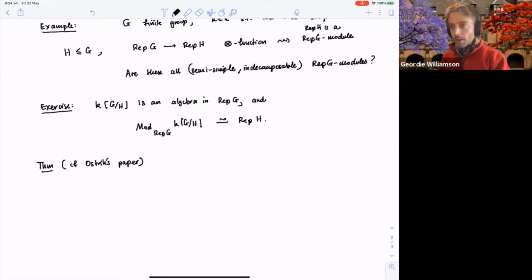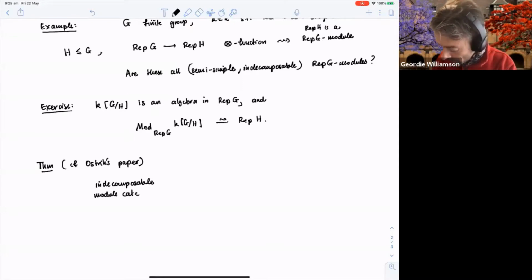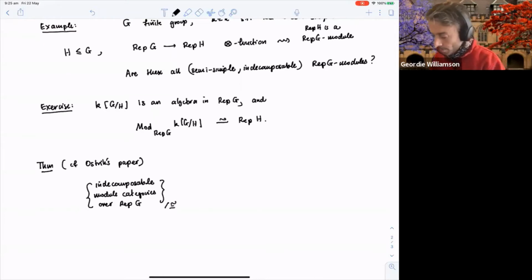So in Ostrich's paper, he has the following theorem. Indecomposable module categories, up to isomorphism, are in bijection with, basically, subgroups with a source.